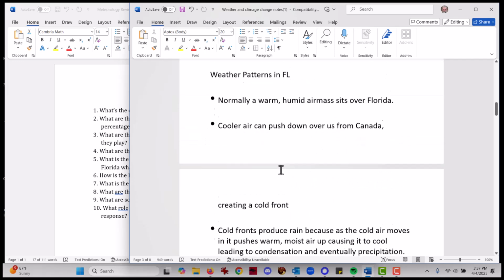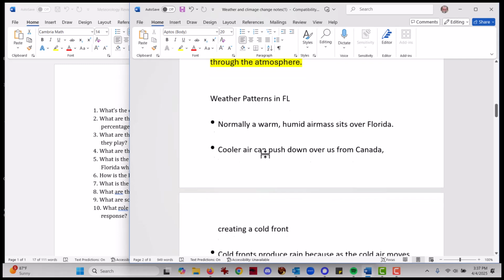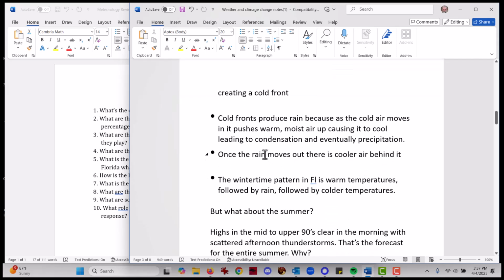And so normally you get a warm, humid air mass sitting over Florida. In the wintertime, colder air can push down from over Canada, and that creates a cold front. What happens is that the cooler air pushes the warmer air up over it, and when air goes up, it cools. That leads to condensation, and that leads to precipitation.